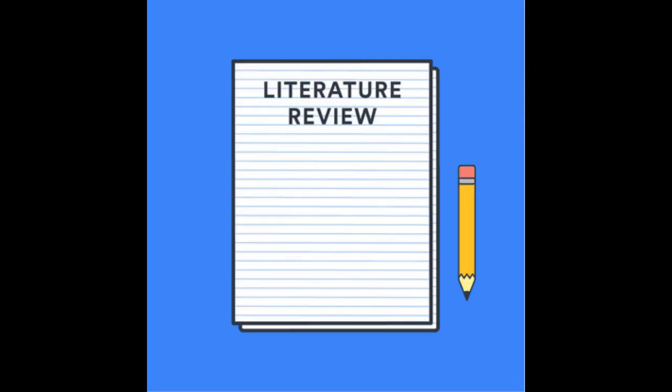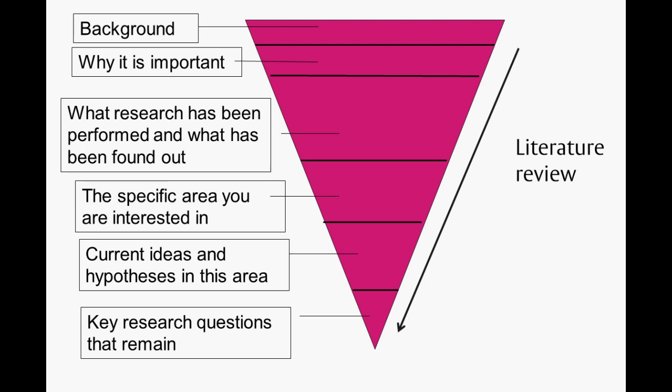So a literature review is a survey of scholarly sources. That means that you can't just pick any literature to review from sources that are not scholarly based. So you have to ensure that the source you are taking that literature from is a scholarly source. And a literature review is always on a specific topic.